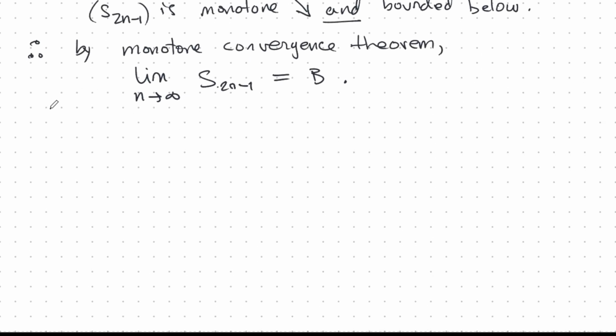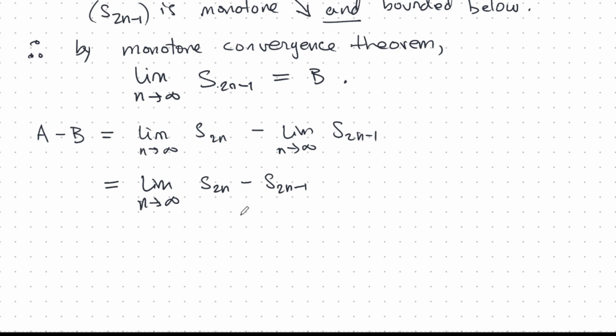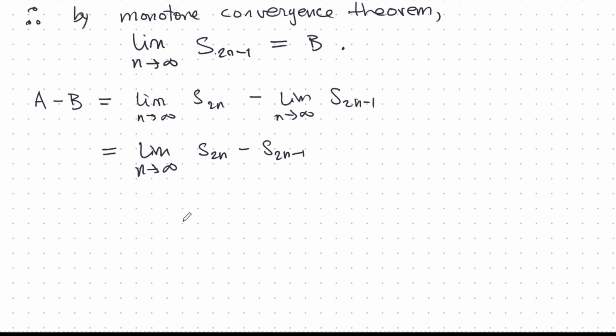Great, so let's subtract these two. We want to prove that they are equal, so we will subtract them and show that the difference is 0. So that's the limit as n goes to infinity of S2n minus the limit as n goes to infinity of S2n−1. And we take the limit out like this. Now, you just have to think a bit.